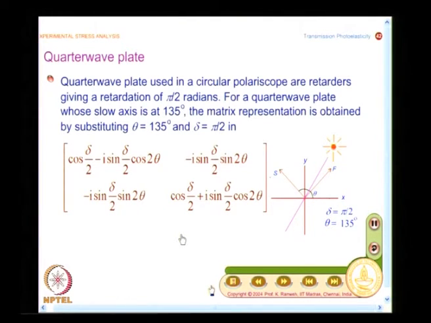And I want you to right now plug in the values of delta and theta and simplify, and it will definitely make your life simple when you want to analyze a circular polariscope. In fact, I would recommend all of you to try out trigonometric resolution for a circular polariscope, then analyze the same problem by Jones calculus, then you will find out how simple Jones calculus is. Until then you will not find out, because you have to do matrix multiplication.